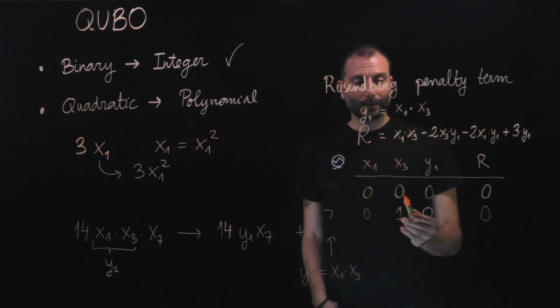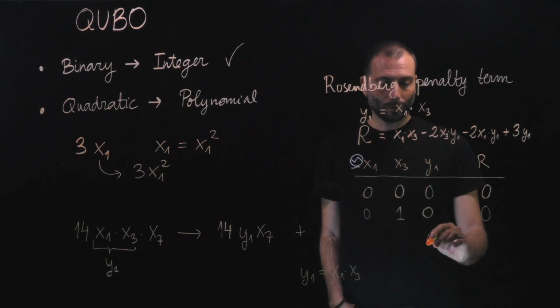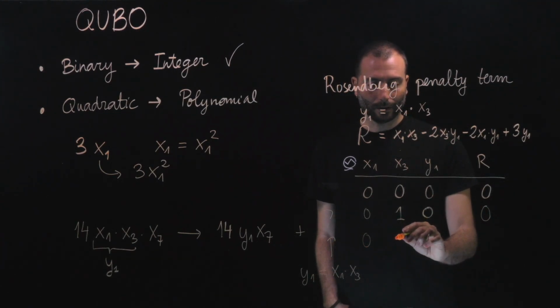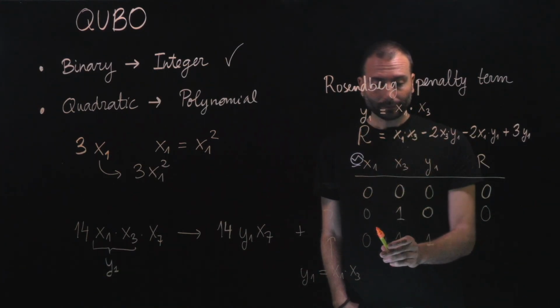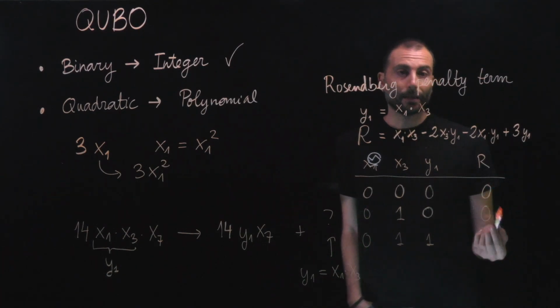So if instead the variable y1 takes the value 1, while x1 is 0 and x3 is 1, clearly violating this condition, we notice that the penalty term is no longer 0 and takes some positive value.